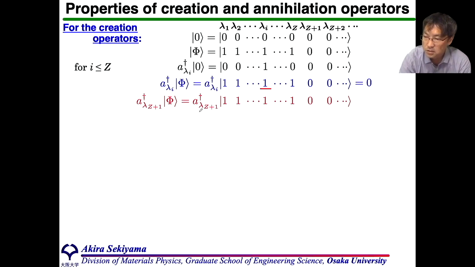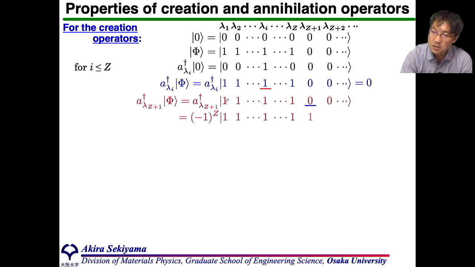On the other hand, when we consider that one electron is additionally put in an empty state, that is possible. Such a situation is described by this formula, and in this case, we need to consider the factor of -1. One electron is created in the empty state lambda Z plus 1.